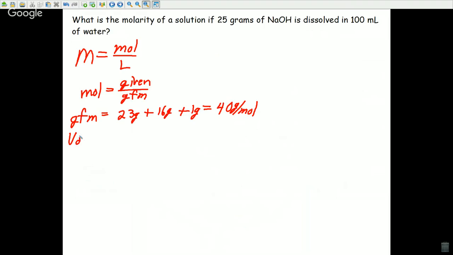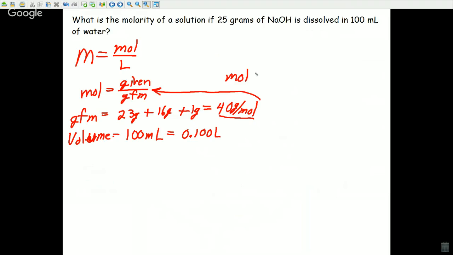And the volume is 100 milliliters, which is equal to 0.10 liters. So getting back to this, I got to plug it into this equation now.